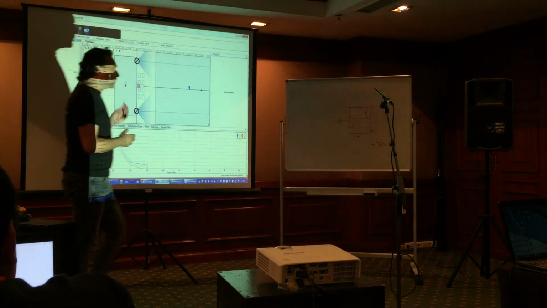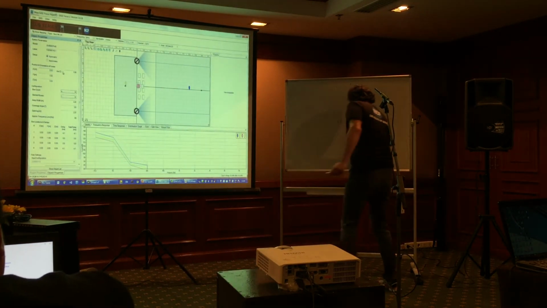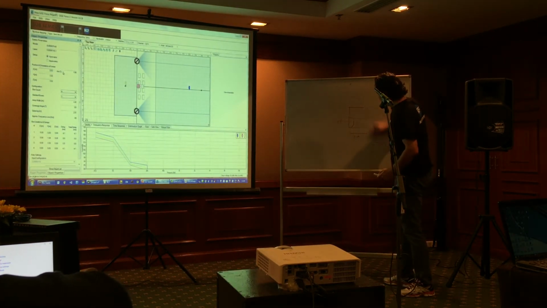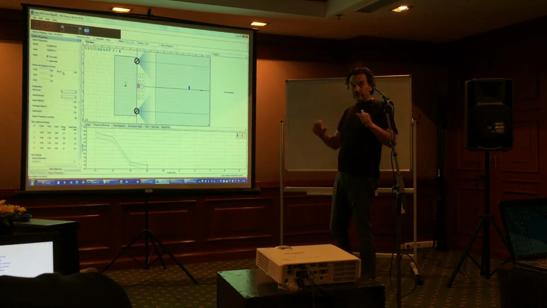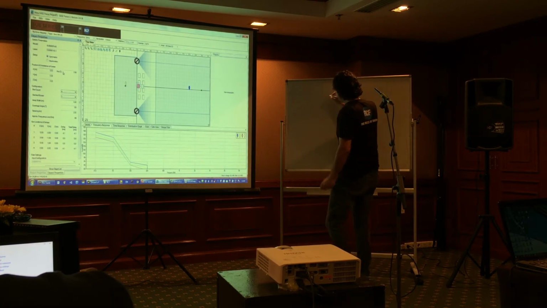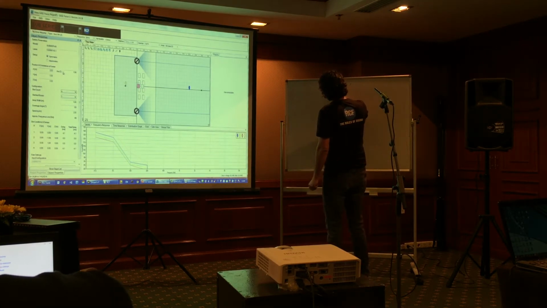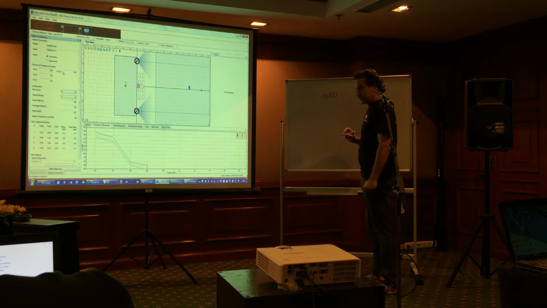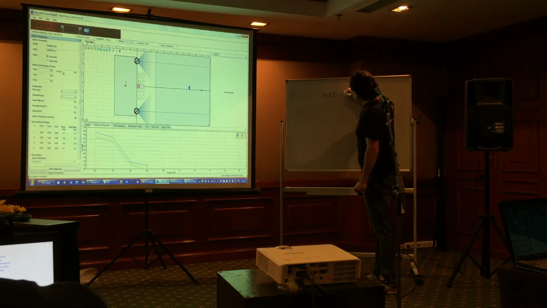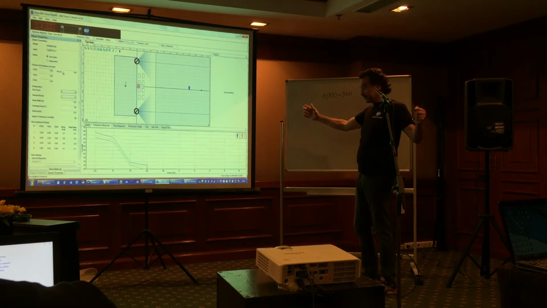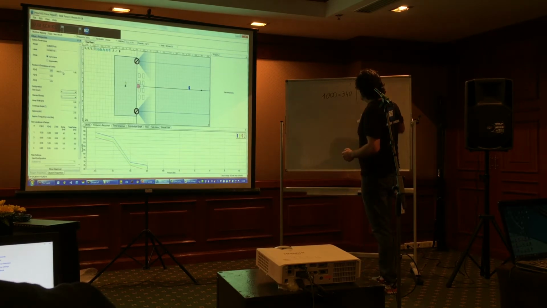Now I have to calculate the amount of delay to add to the back row in order to get the gradient. So if 1,000 milliseconds is equal to 340 meters.